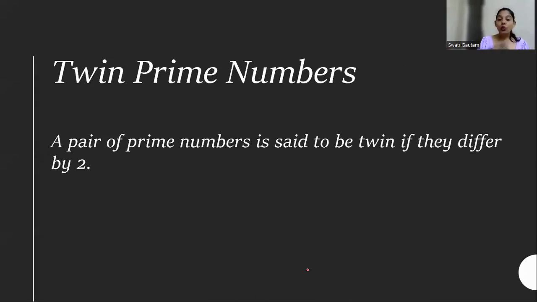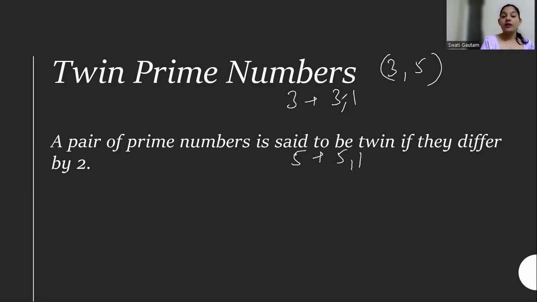Now let's talk about another type of number, twin prime numbers. Twin prime numbers are prime numbers which differ by 2. Suppose I take 3 and 5. They are both prime numbers, because 3 has factors 3 and 1, and 5 has factors 5 and 1. They are twin primes because the difference between 5 and 3 is 2.